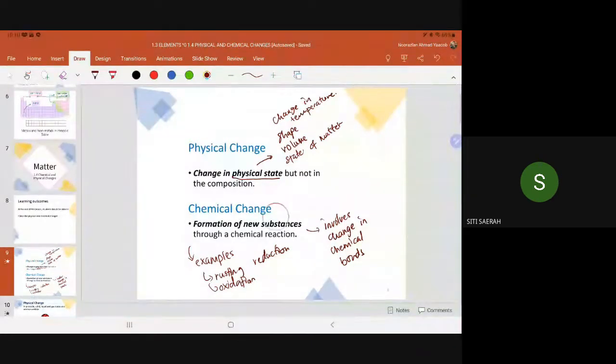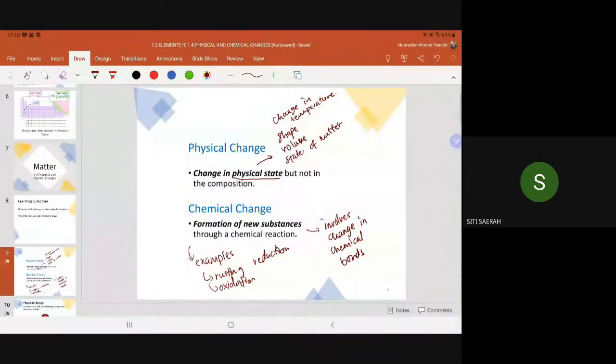Perubahan chemical ni selalu dia, apa yang membawa perubahan chemical yang kita boleh observe, it's often brought about by the taste, so rasa dia berbeza. Kalau rasa berbeza selalunya chemical change, bau berbeza, chemical change selalunya, dan warna berbeza.